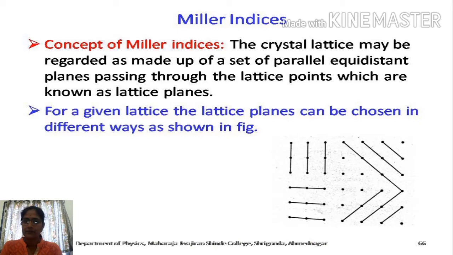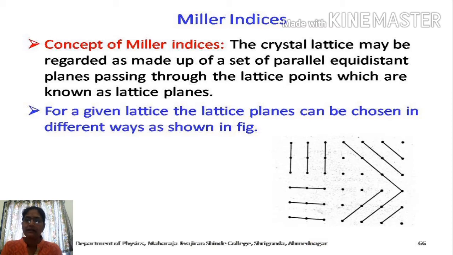interplanar distance. If we consider a set of parallel planes as shown in figure, then for a single set of parallel planes, the d value will remain the same. Suppose here I have shown four orientations, then they will have interplanar distances d1, d2, d3 and d4.